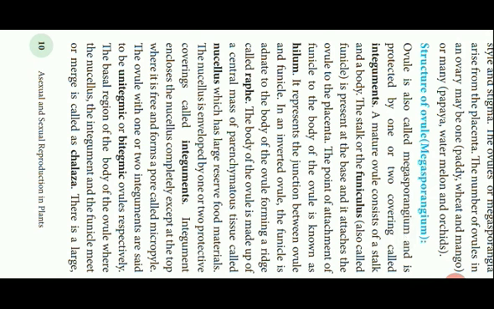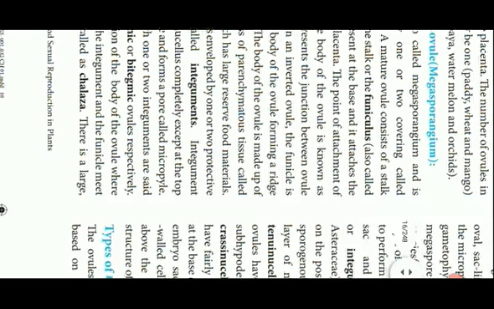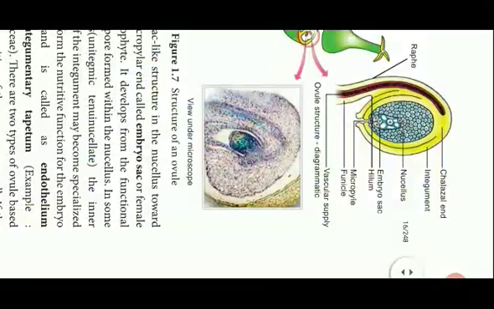we can see it is made up of a central mass of parenchymatous cells called nucellus. If you see the diagram, the body of the ovule consists of parenchymatous cells, the center portion given in blue, that is called nucellus. It is made up of parenchymatous cells. In the nucellus we can see the reserve food material.